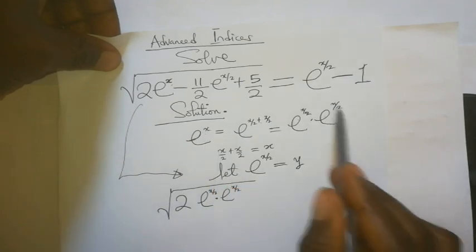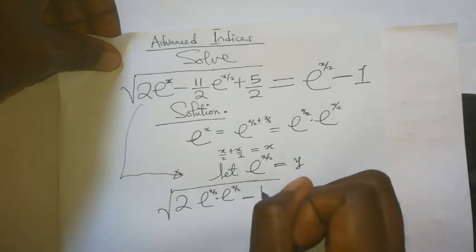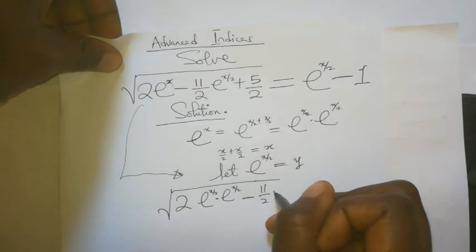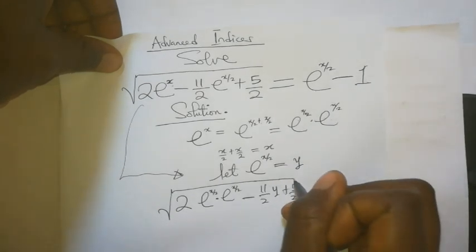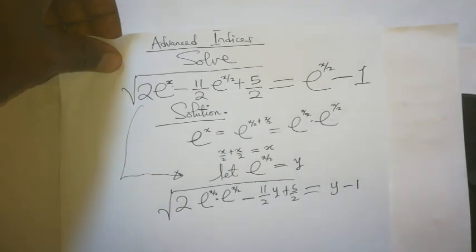This is equal to this minus 11 over 2. We said let this be equal to y, plus 5 over 2 is equal to y minus 1. You get it?